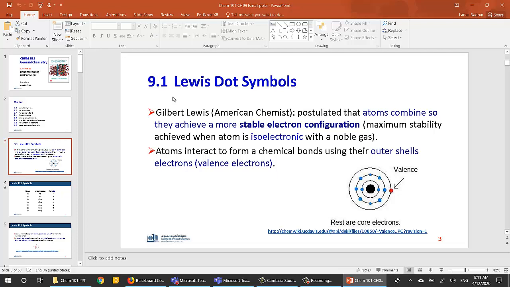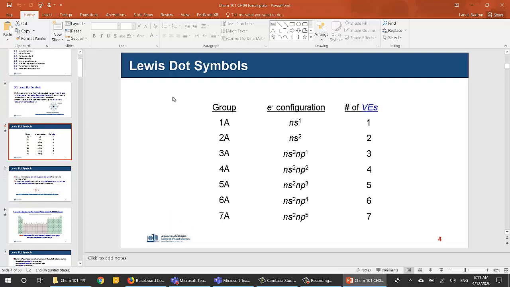Fluorine would love to gain an electron to become like neon. The way atoms do that is through their valence electrons. So whenever you do business with this chapter, you focus only on the valence electrons. You don't worry about the core electrons, because this is how elements form compounds.